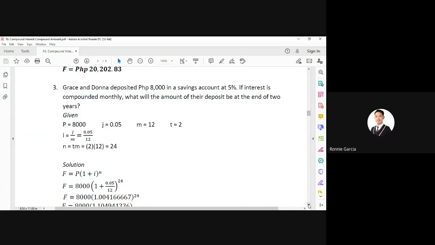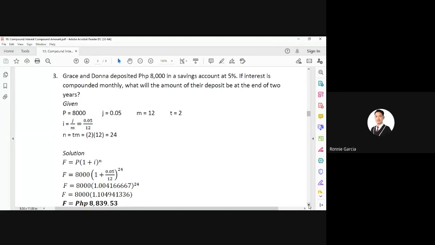So atong himuon ani, di na to i-erase atong calculator. Pag divide gani mo 0.05 divided by 12, di ba taas man kayo ang answer ana. Ayaw i-erase ang calculator. I-add diretso ang 1, mo nang mugawas ang 1.0041666 and so on. Maghadlok ang number, di ba? Then i-raise nimo siya to the power of 24.